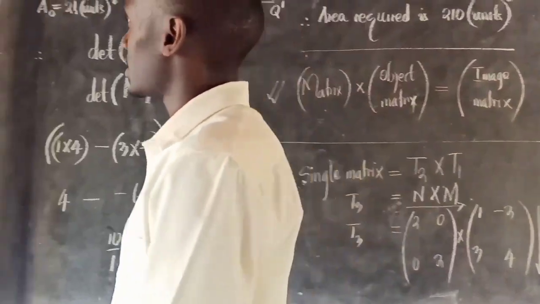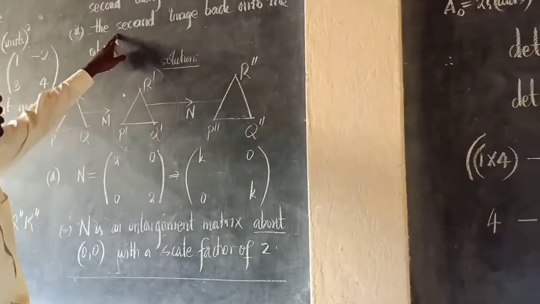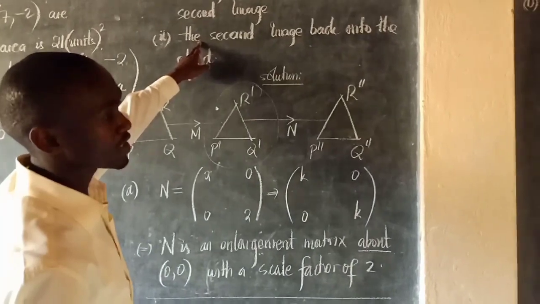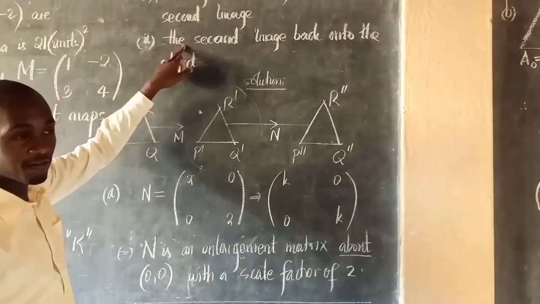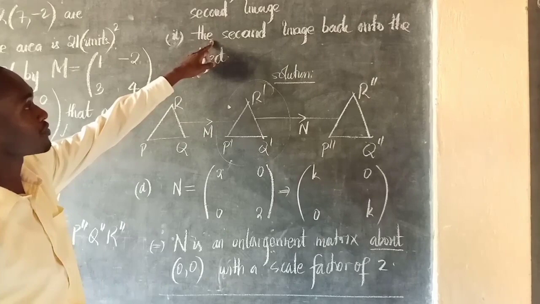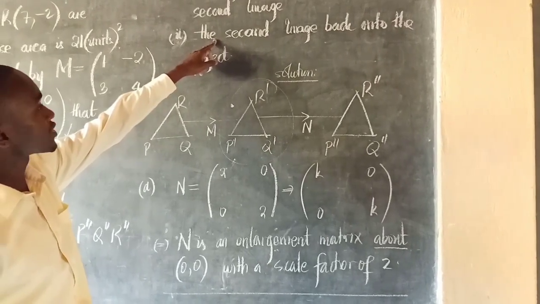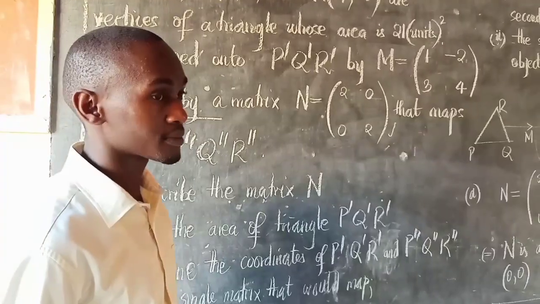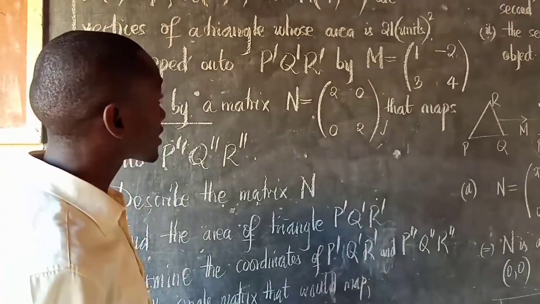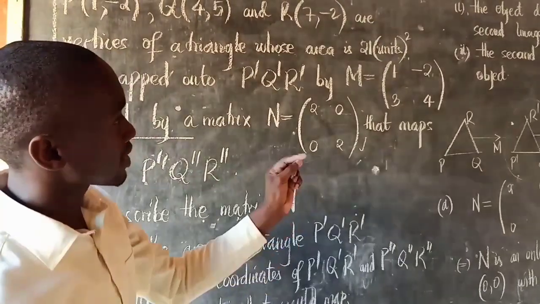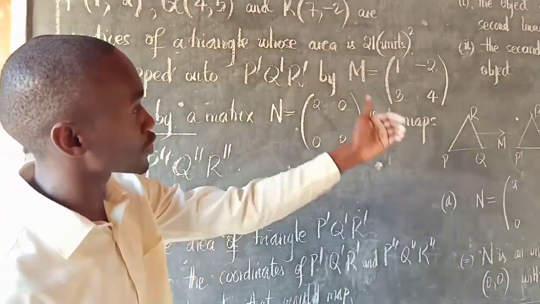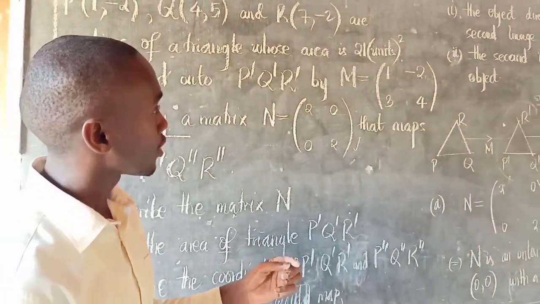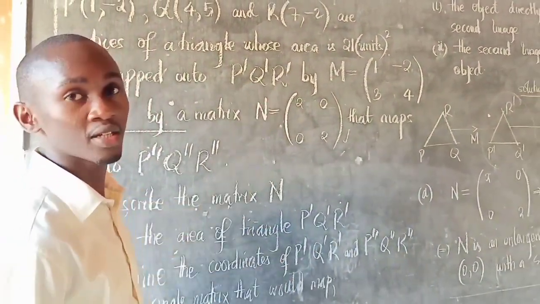Now, the matrix that will suit Roman 2, as I end, I'm going to just mention, is simply the inverse of T3 that we have just explained in part D, Roman 1. So, in part D, Roman 2, the matrix mapping the second image back onto the object will simply be the inverse of the matrix we have obtained in Roman 1.